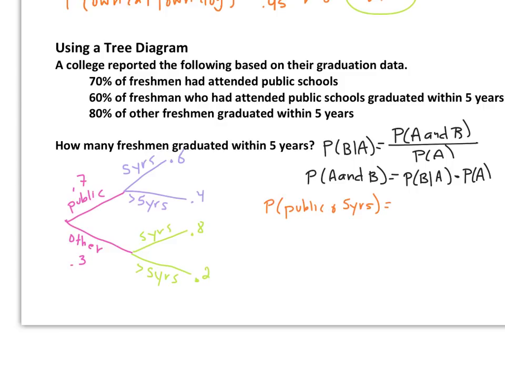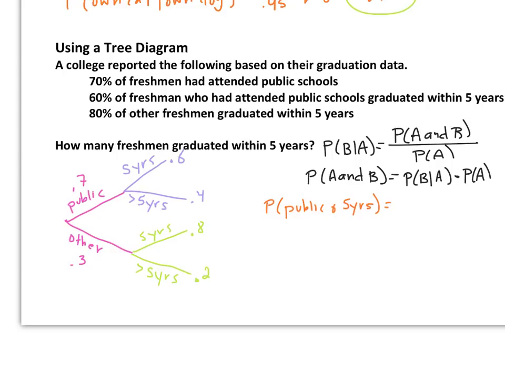We see that is the probability of B given A. Now we kind of changed the order of our letters here a little bit. So this was probability of A and B right here. Okay, so public and 5 years. But then we have probability of B given A. So this is a probability that they graduated within 5 years given they went to public school.